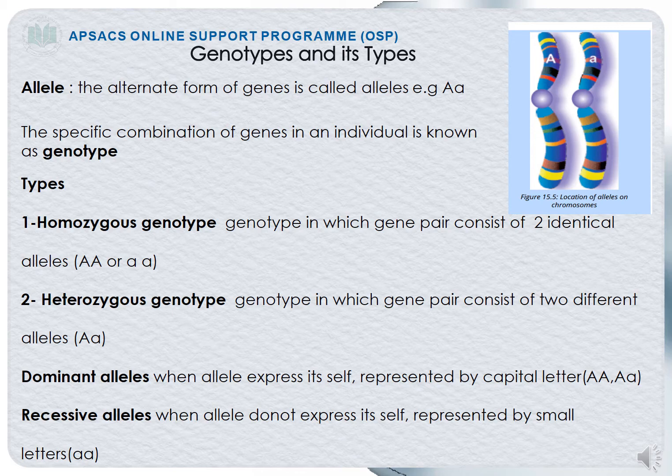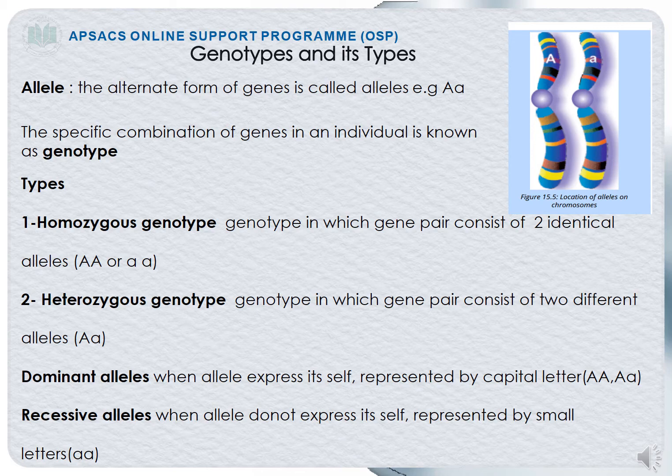Specific combination of genes means that the gene has different types of combinations. It means that the genes exist in pairs. So always remember that the gene has a specific combination because the gene exists in pairs for each characteristic.